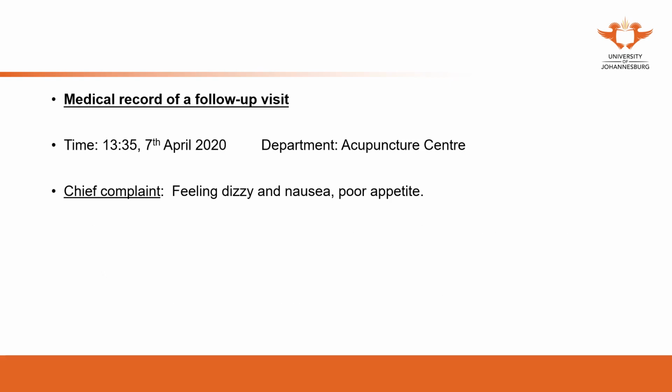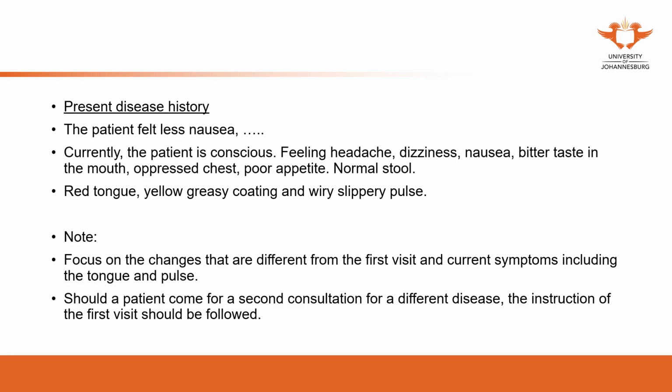For a follow-up visit, the record will be more brief. The chief complaint will focus on the changes based on the first visit. If the patient comes for a follow-up with the same problem, you will focus on the changes from the first visit. For the present disease history, for example, the patient felt less nausea, and presently what happens.